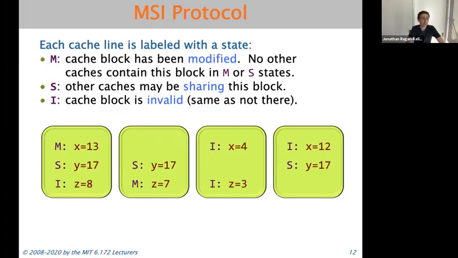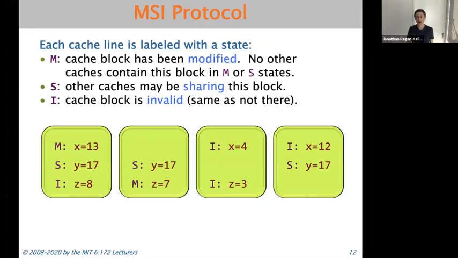The S state means that other caches may also have copies in the same S state. So S corresponds to lines that are shared and potentially replicated among multiple caches at once. And then the I, or invalid state, means that cache line has been invalidated. It's the same as it not being there.